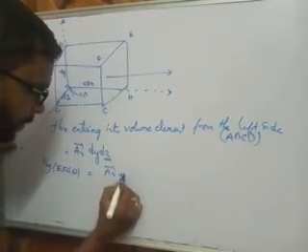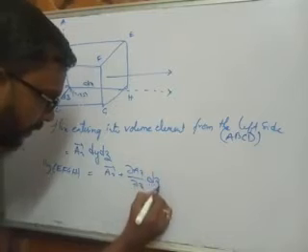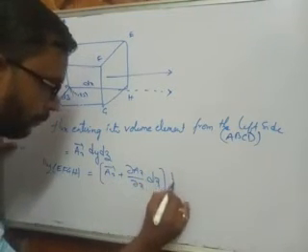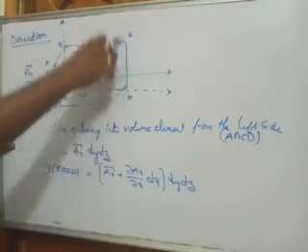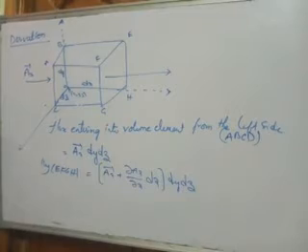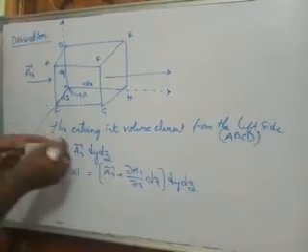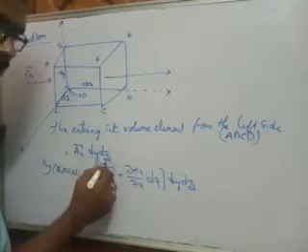Flux coming out from the EFGH plane can be written as Ax bar plus dou Ax by dou x into dx, and into dy dz. What is dy dz? The area of the plane along the x-axis on the right side. So flux entering into the volume element is Ax dot dy dz.